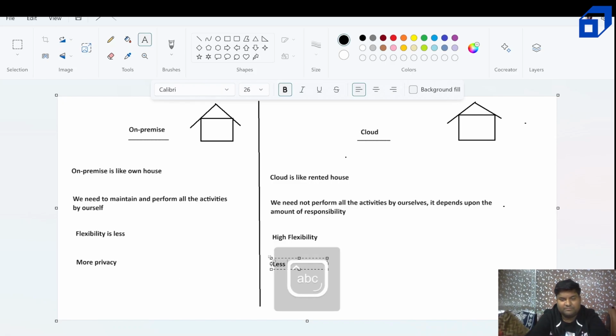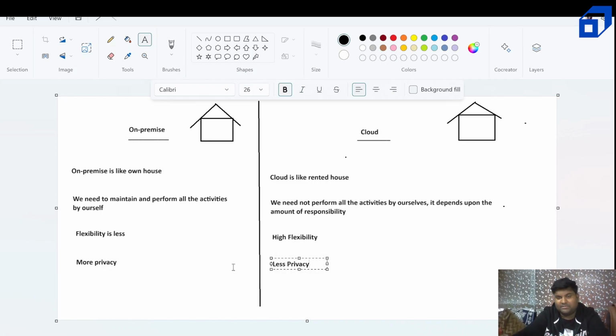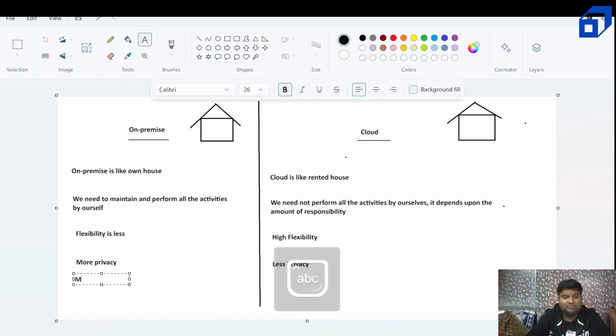Less privacy in a rented house because I can expect my landlord to come at any hour, so privacy will be less. More security because I'm the only person living here. There are no neighbors in this house. But in a flat, in a rented house, the top floor might be given to someone, the bottom floor can be given to someone. So security wise, it will be a little bit less, right?